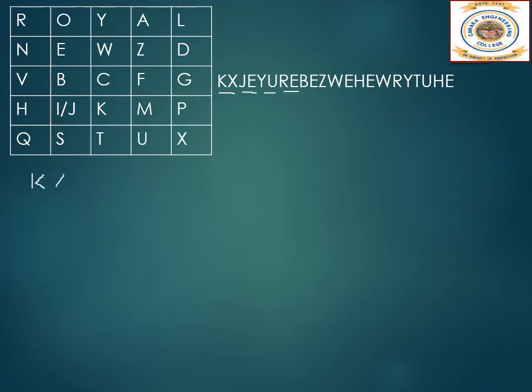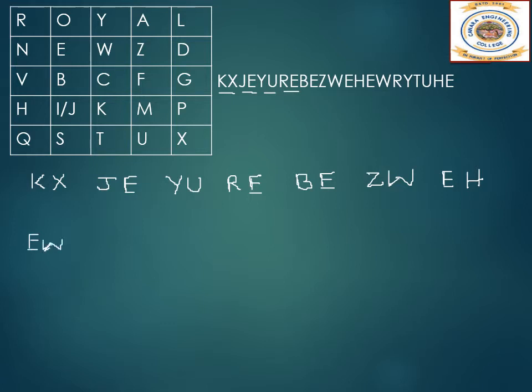So first is K, X. Next is J, E, Y, U, R, E, B, E, Z, W, E, H, E, W, R, Y, T, U, H, E. This is the given cipher text.